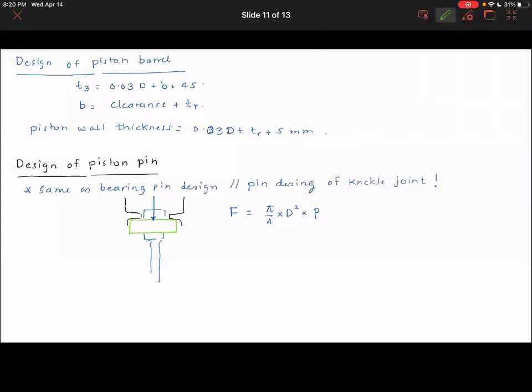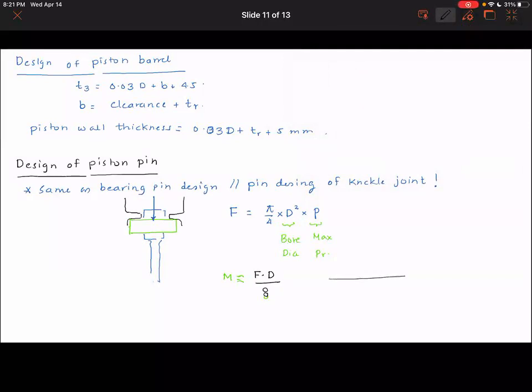Here d is the bore diameter, and this is the maximum pressure. Now we want to find the moment, and I'm going to give you an approximate equation without deriving it, which is force times bore diameter divided by 8. F times D divided by 8.